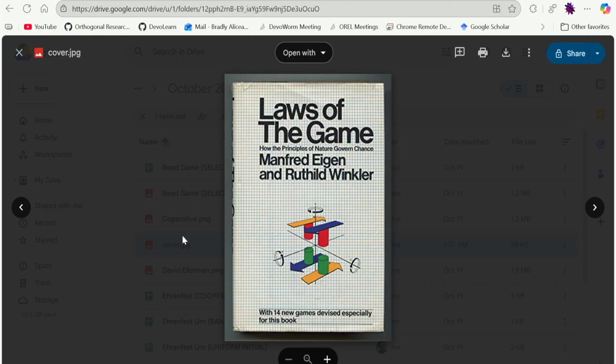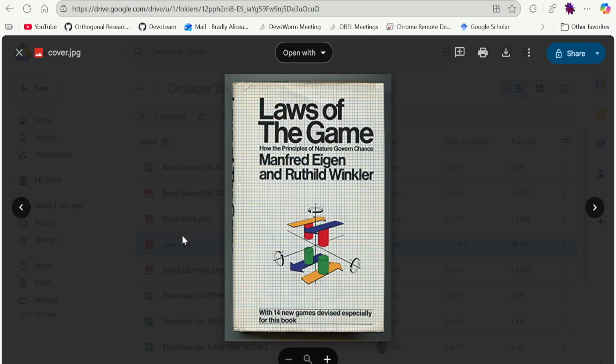All right. So, several meetings ago, probably this summer, we talked about this book, Laws of the Game, by Manfred Eigen and Raphael Winkler. This is a book that talks about game theory in biochemistry and physics, and it talks a little bit about their application on cellular automata or in computation.